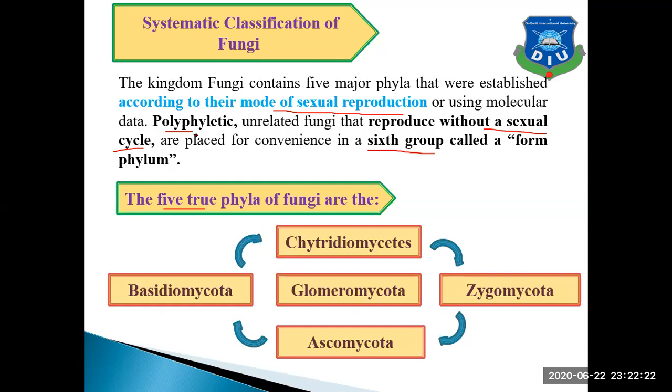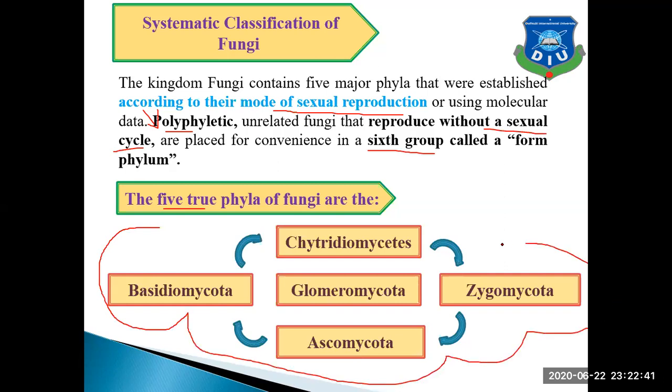Whenever we read about fungus classification, we don't usually read it that way, but some scientists also include that polyphyletic classification with the systematic classification. Then the classification will not be five phyla, but six phyla.